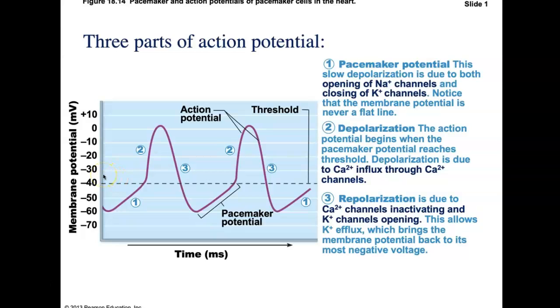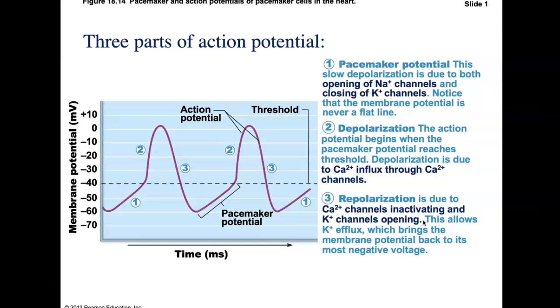At step 2, depolarization, the threshold is about negative 40 millivolts. Calcium channels open, allowing explosive entry of calcium from the extracellular space, and as a result, in pacemaker cells, it is the influx of calcium rather than sodium, as we've seen in skeletal muscle, that produces the rising phase of the action potential and reverses the membrane potential. During repolarization, calcium channels inactivate, as in the other excitable cells.